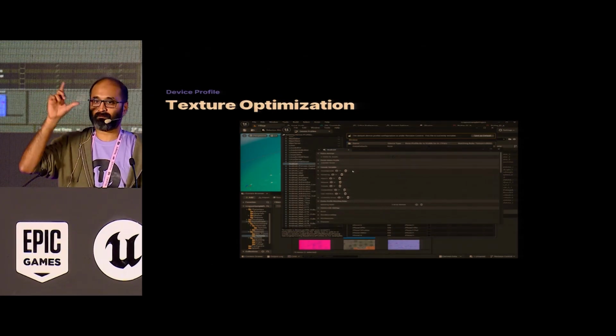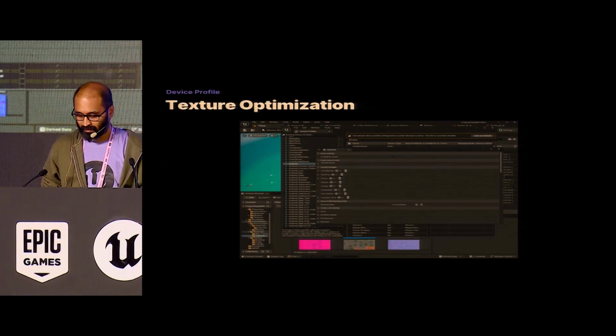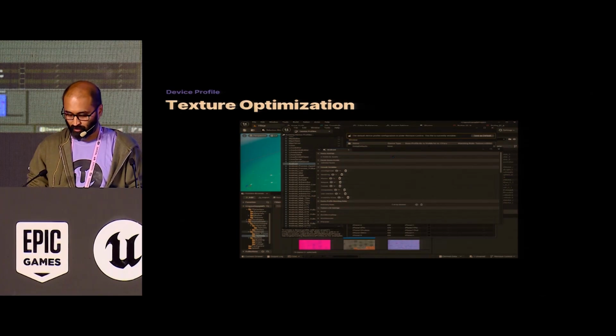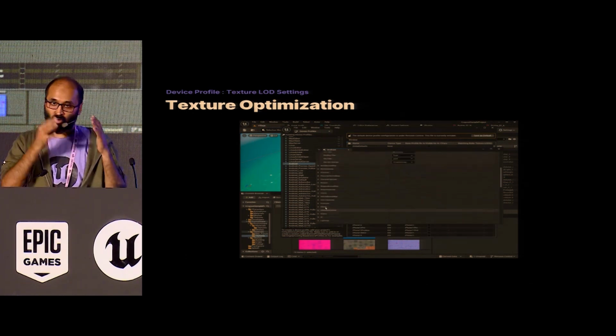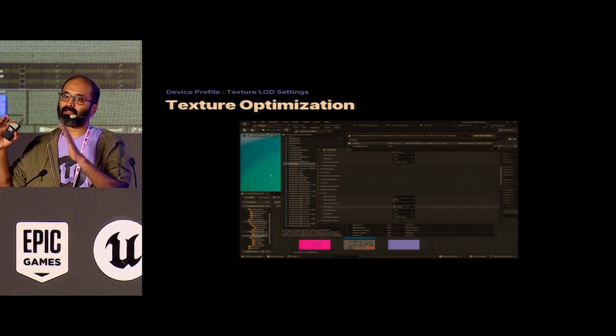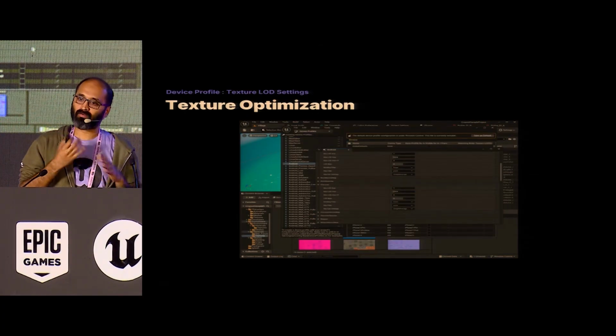I can go to the parent Android setting, and under the texture LOD settings, there is World. I can then say, every time I'm packaging the game with this particular texture group for Android, don't use the default texture size, make it a 1K or a 512 texture.